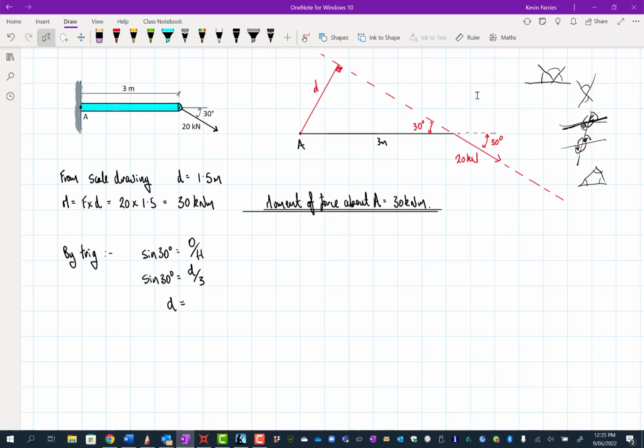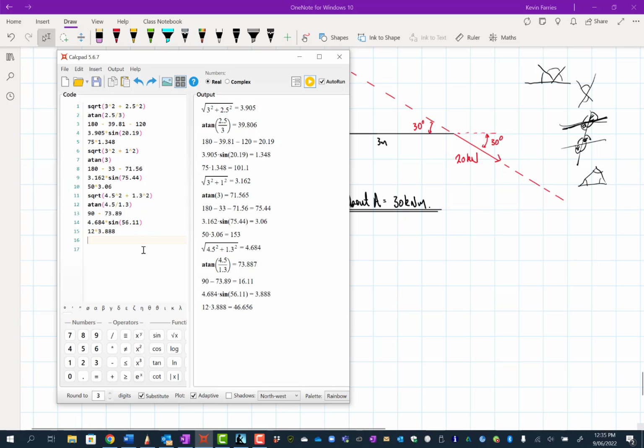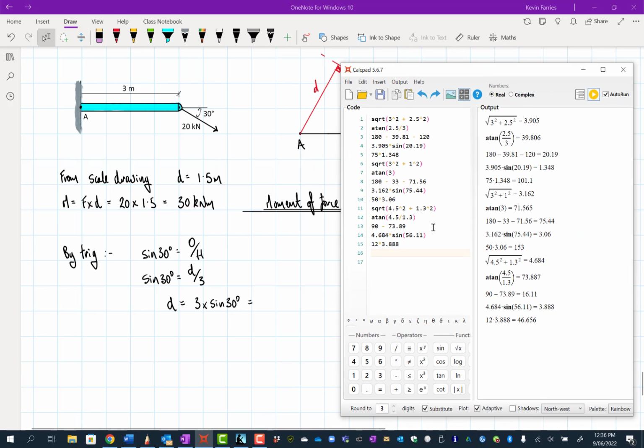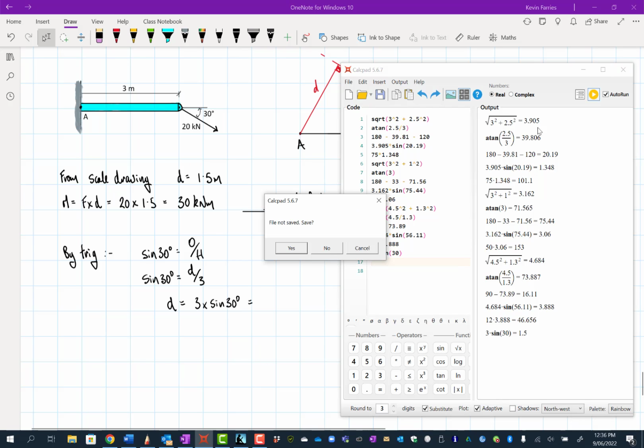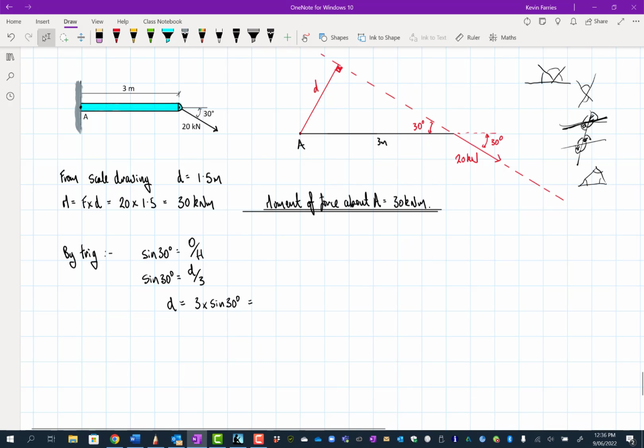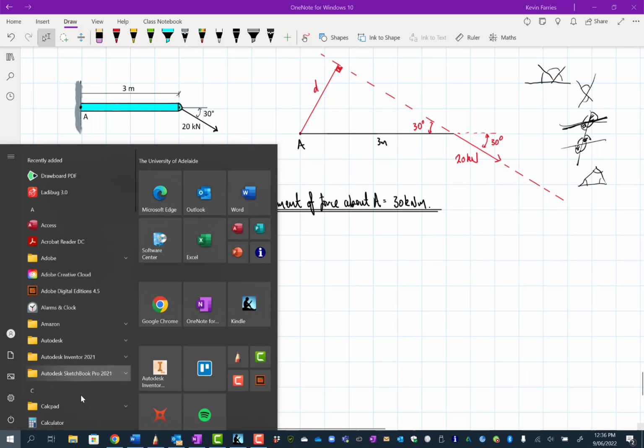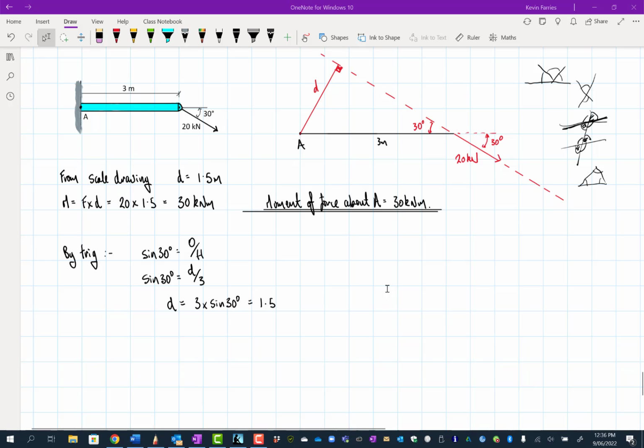Therefore, D is 3 times sine 30 degrees, which with any luck will be 1.5. I think it is. 3 times sine 30 is 1.5. So 1.5 meters.